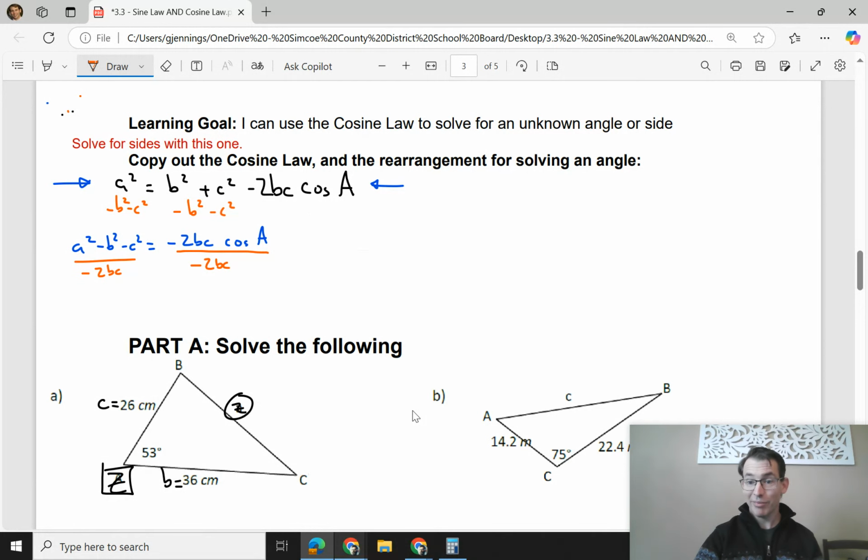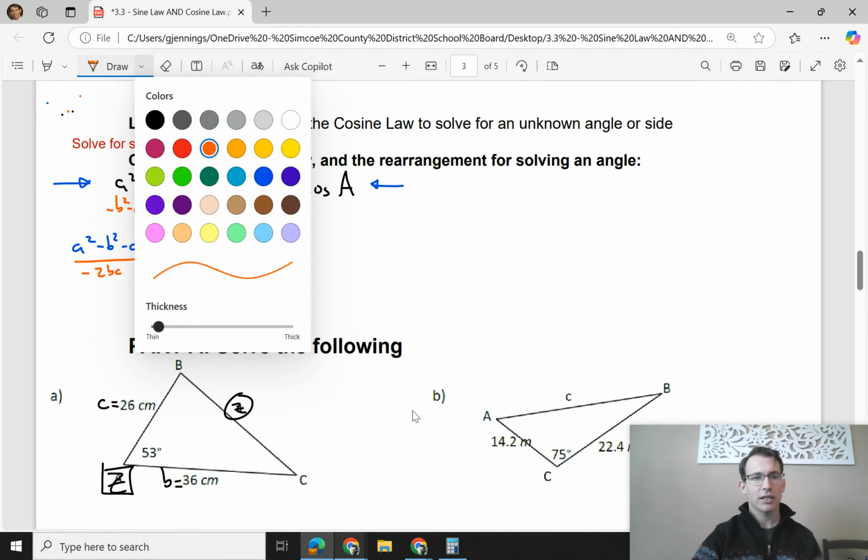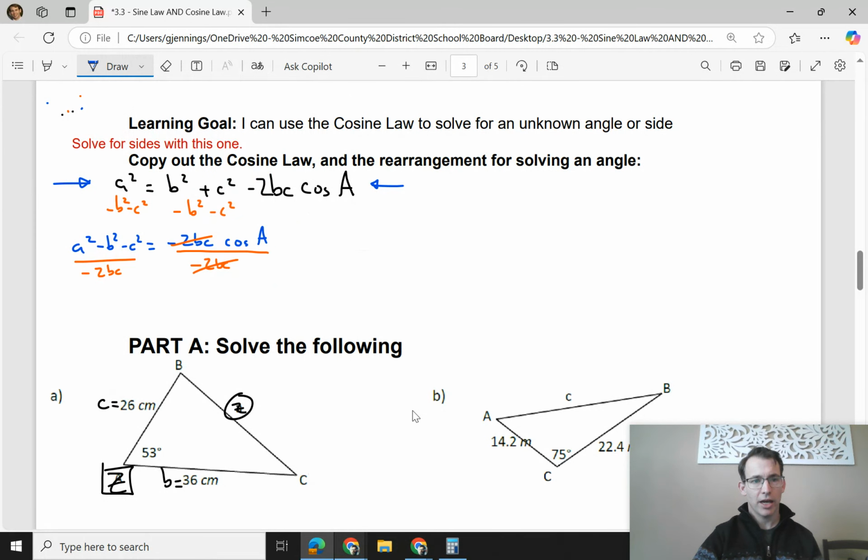Dividing by a negative just flips the signs of everything on top. This cancels this. Hooray, we have isolated cosine of A. So we have cosine A on that side, and on the other side, we have negative a squared plus b squared plus c squared, all divided by 2bc.